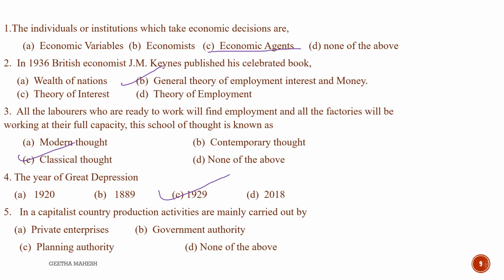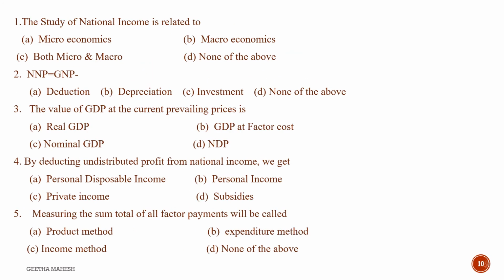In a capitalistic economy, we know that private entrepreneurs will take decisions. The study of national income is related to microeconomics, macroeconomics, both micro and macro, none of the above. The right answer is macroeconomics, as it deals with the economy as a whole, that means the income of a nation.